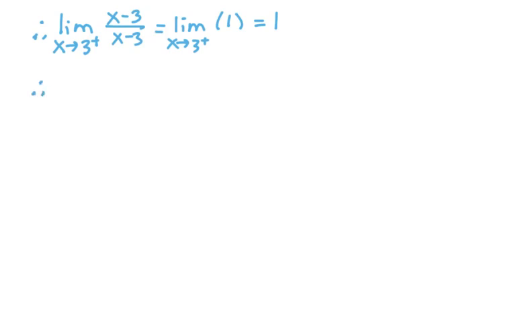And we can say the limit as x approaches 3 from the right of x minus 3 divided by x minus 3 is the limit as x approaches 3 from the right of 1, which is equal to 1. Therefore, the limit as x approaches 3 from the right of the absolute value of 3 minus x divided by x minus 3 must equal 1. And that's how you do 1E.